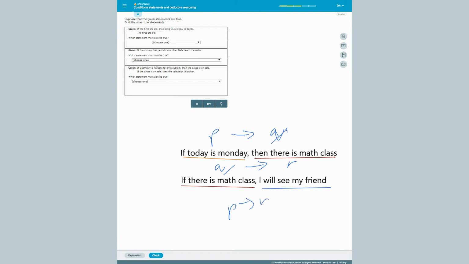So what this would say is, assuming this is true, then this statement will also be true. If today is Monday, then I will see my friend. All you did was take out the middleman. And those are the 3 types of true statements in this particular topic.